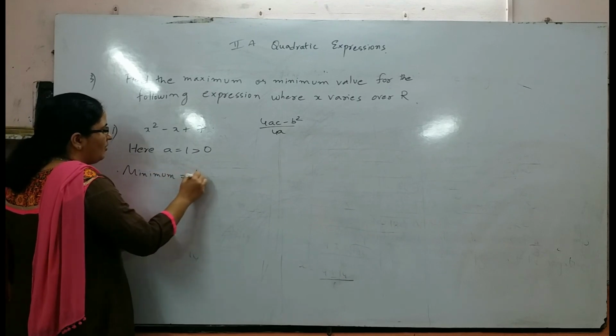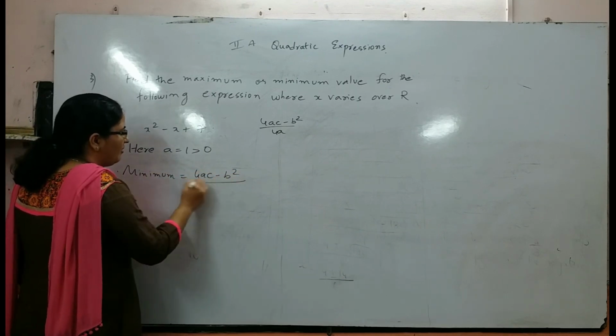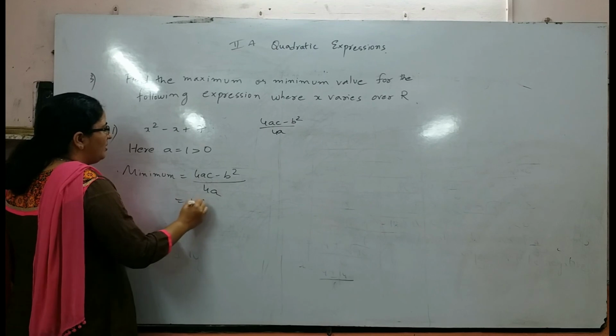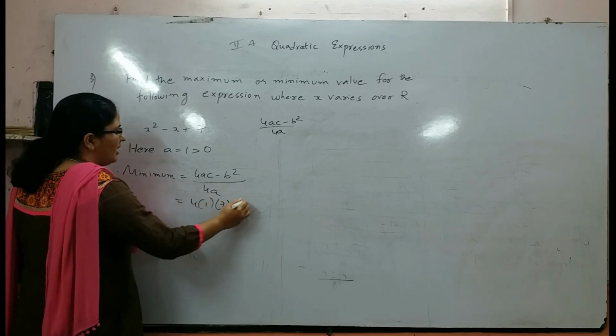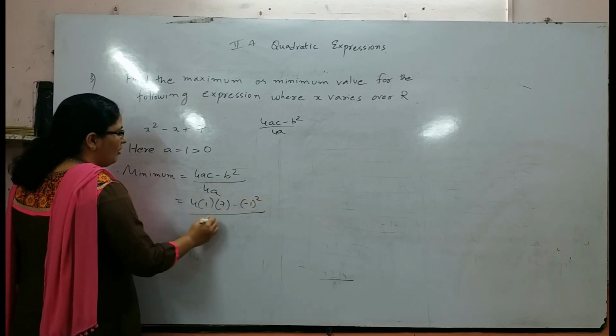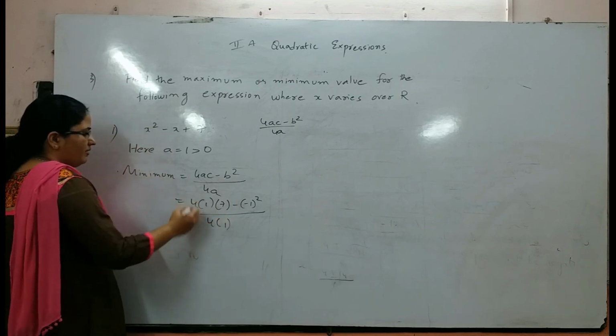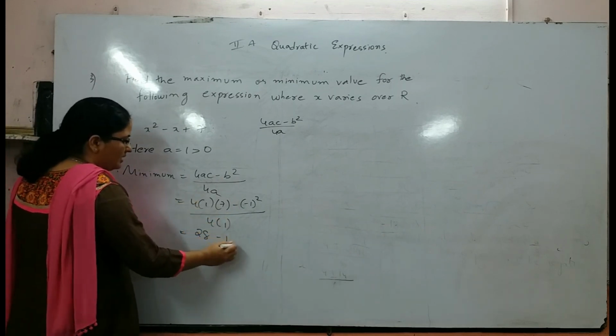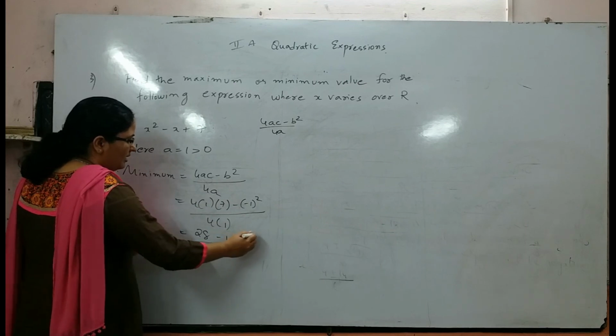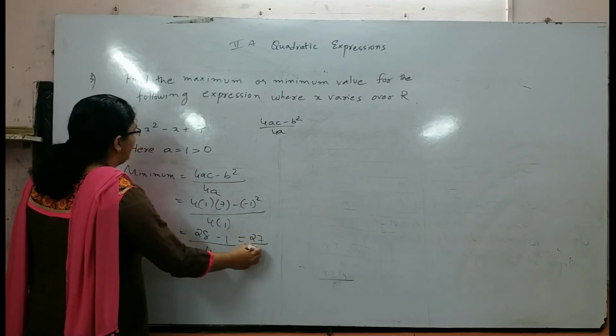The minimum value is (4ac minus b square) by 4a, that is (4 into 1 into 7 minus 1) by 4 into 1. 7 4s are 28, minus 1, by 4, that is equal to 27 by 4.